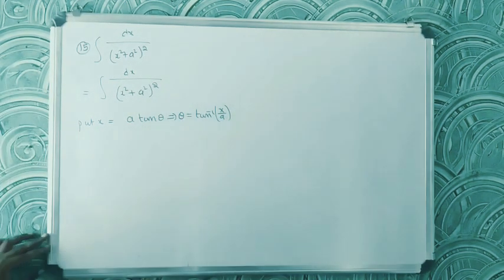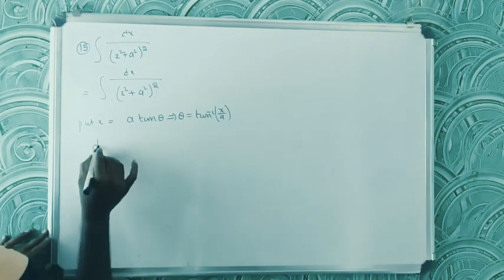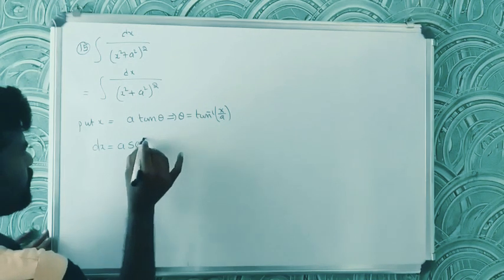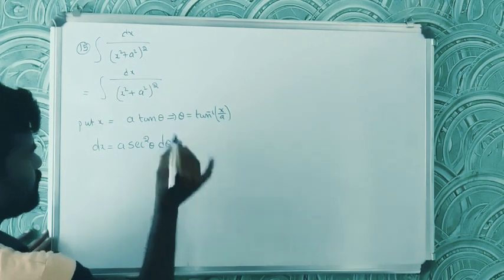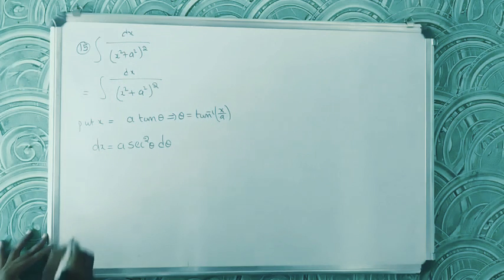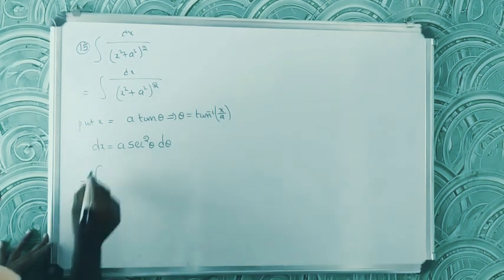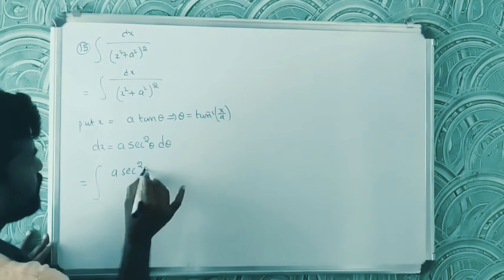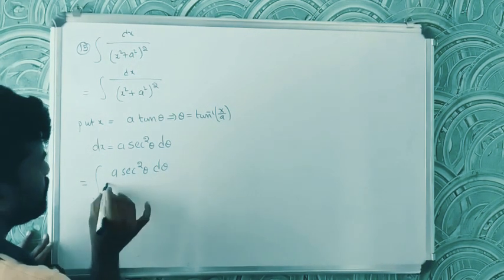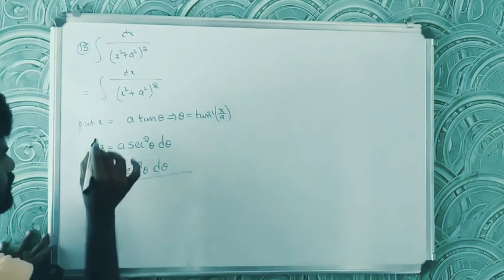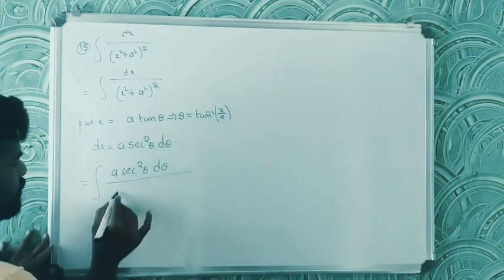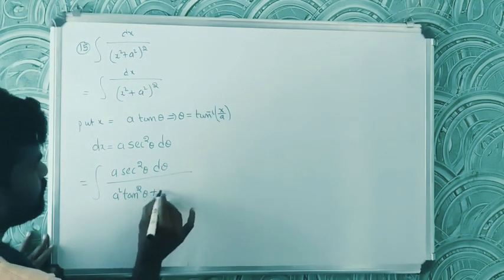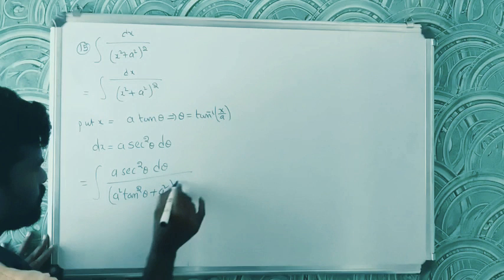Apply differentiation: dx is equal to a secant square theta into d theta. Integration of a into secant square theta into d theta whole by x square plus a square whole square, where x square means a square tan square theta plus a square whole square.